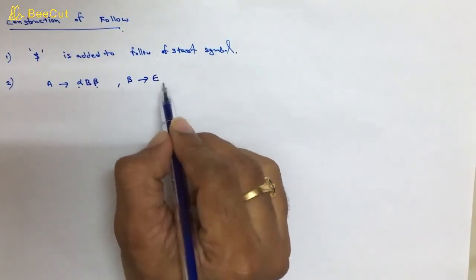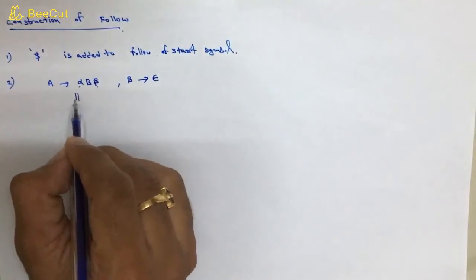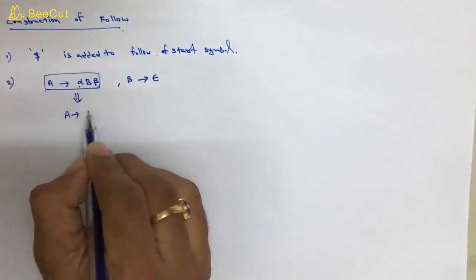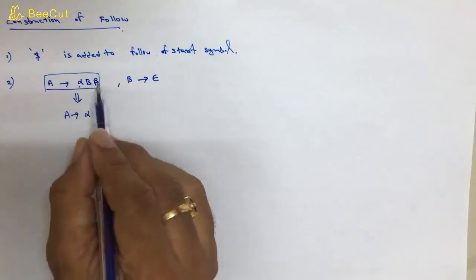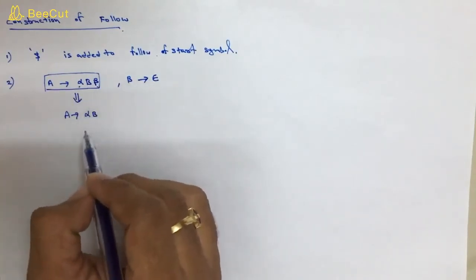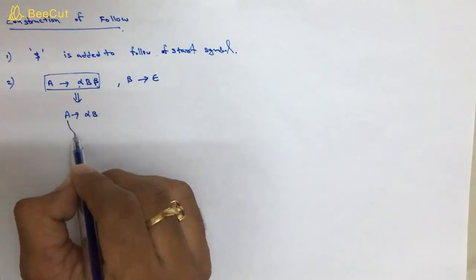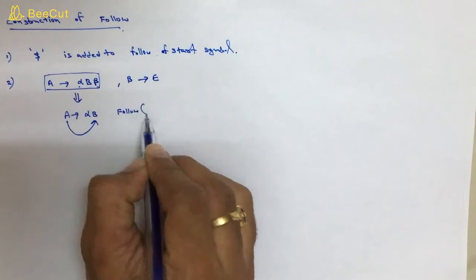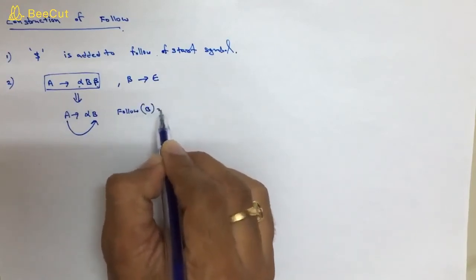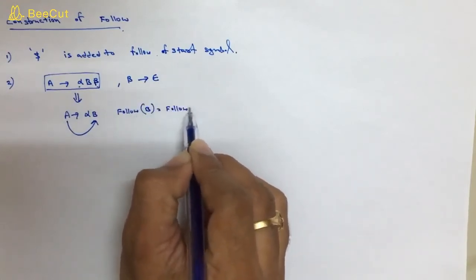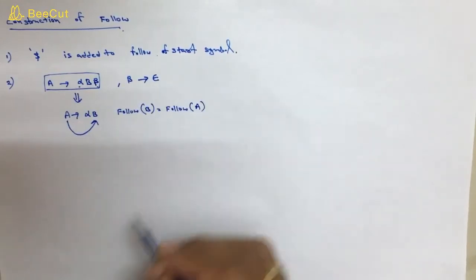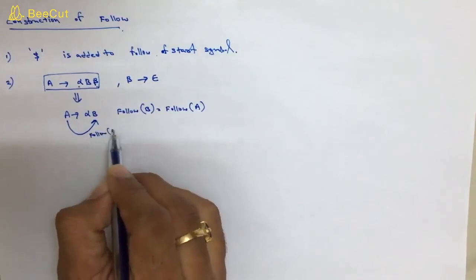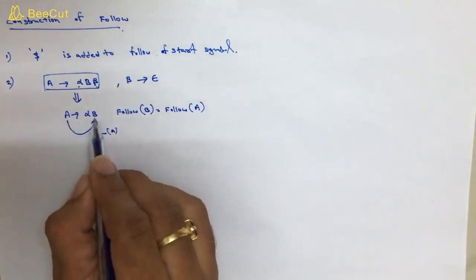If beta derives epsilon, then the production can be replaced as A tends to alpha B only, that means beta is epsilon. In such a case, find the follow of A and add it to the follow of B, that means follow of B includes whatever the follow of A is. So this follow of A is added to the follow of B.